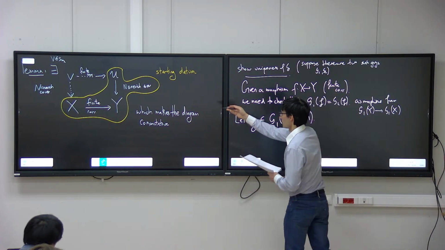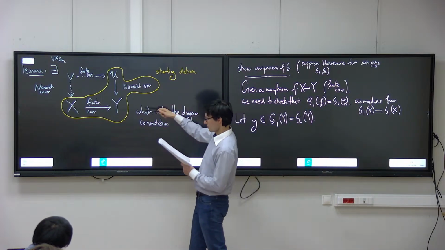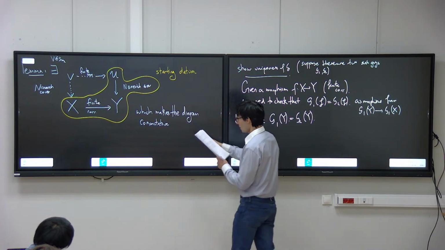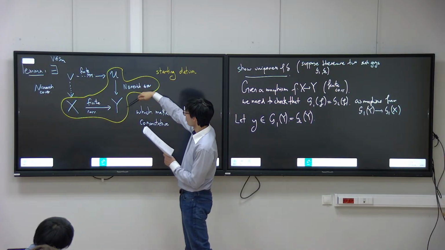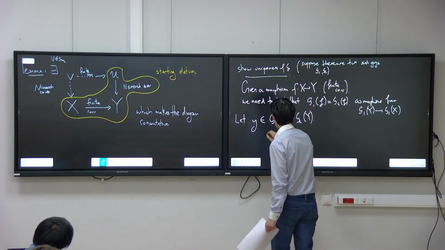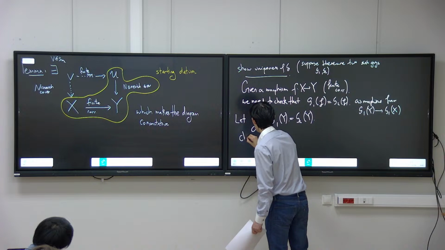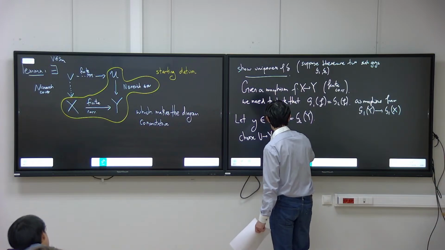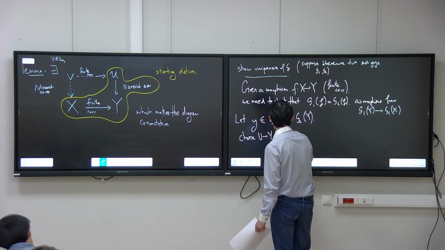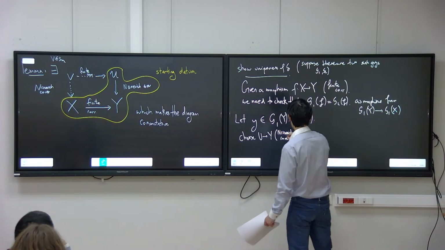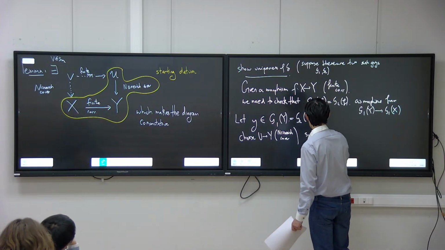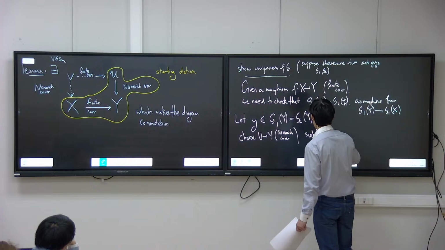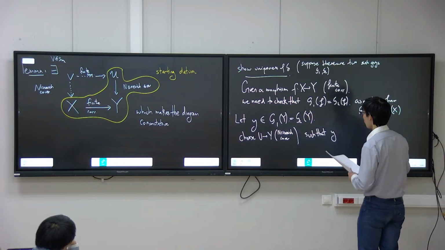Then, using this lemma, we choose a Nisnevich covering U to Y, such that Y actually comes from our original sheaf.